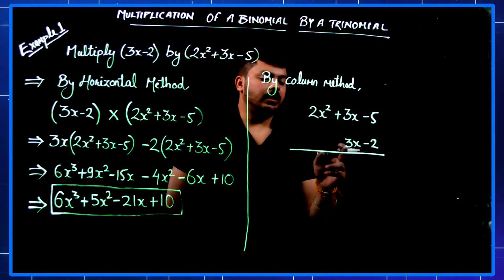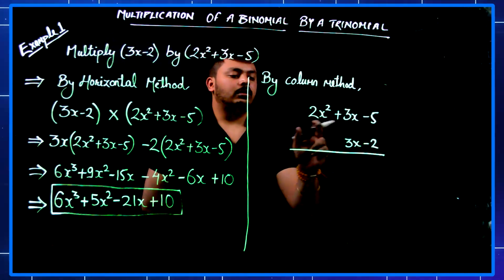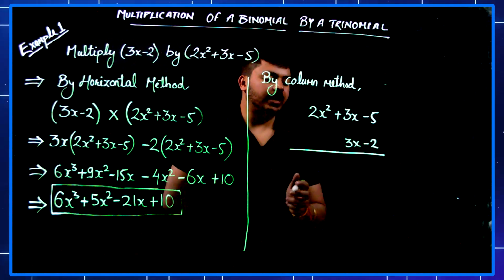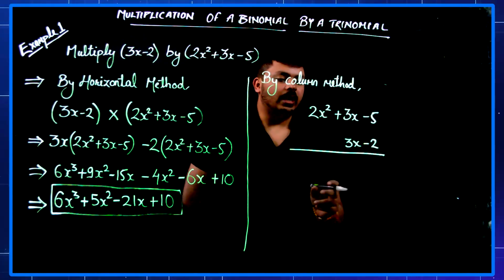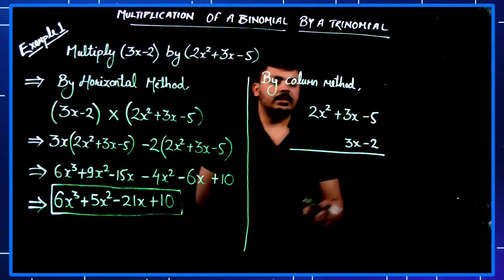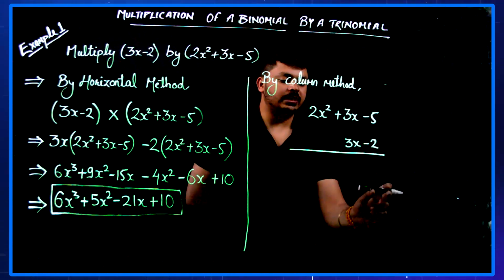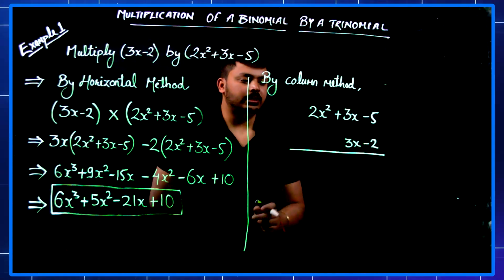So first we multiply 3x by the complete trinomial. The same terms, that is x terms, will come in the same column, constants in the same column, and x square terms in the same column.